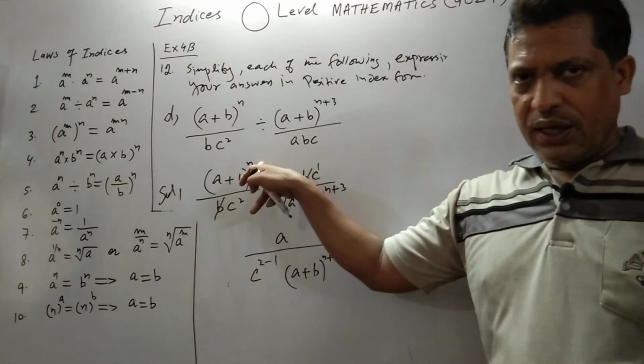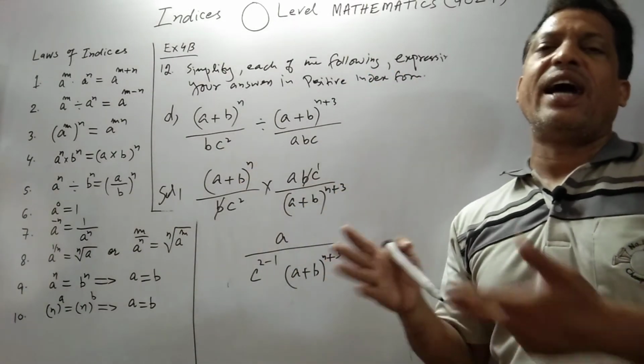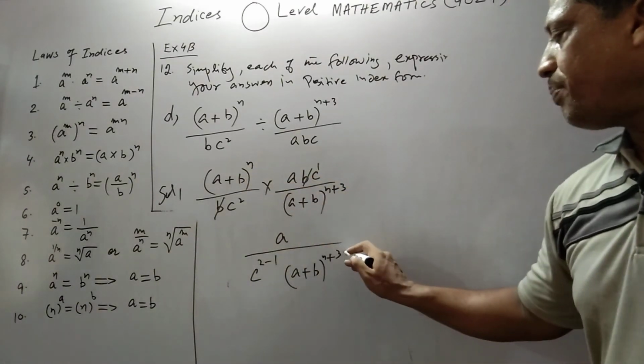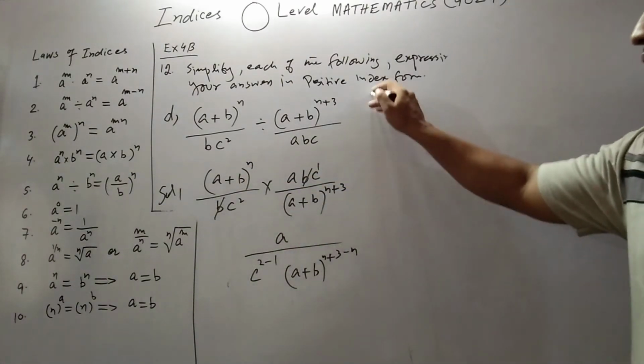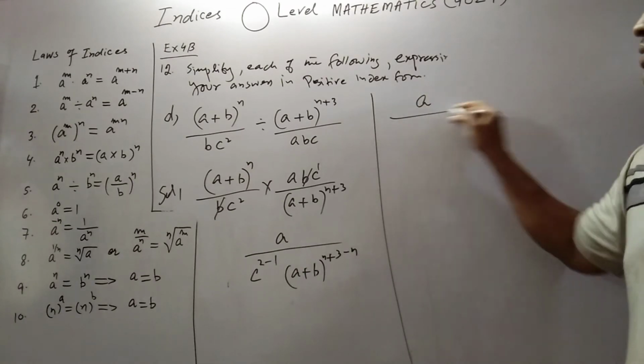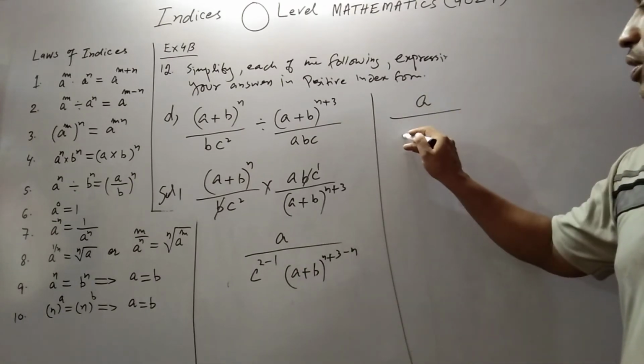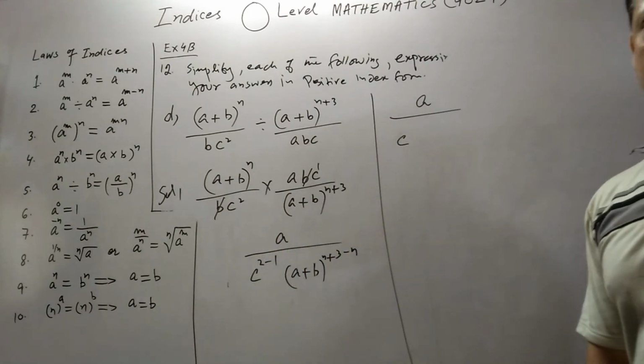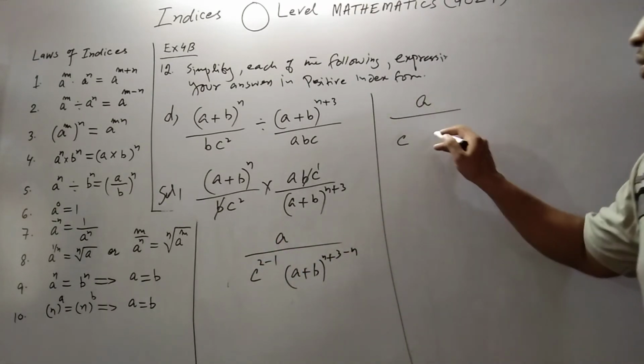Move this n, this is small, that's why I am moving it to the denominator side. So this n becomes minus n. So what is remaining? a upon c. 2 minus 1 is 1, so no need to write 1.